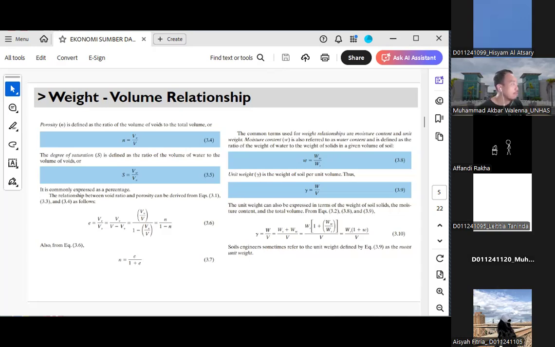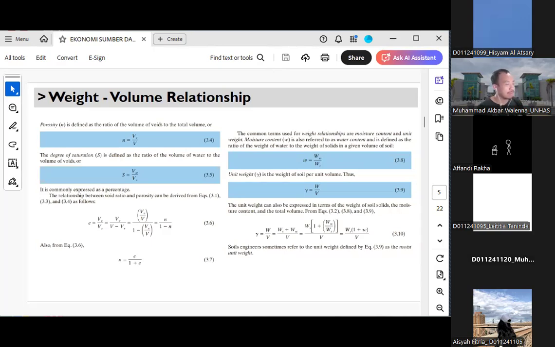The formula for porosity is volume of voids divided by the total volume. So what does it mean? Porosity is simply the fraction of the soil volume that is made up of empty spaces, or voids.